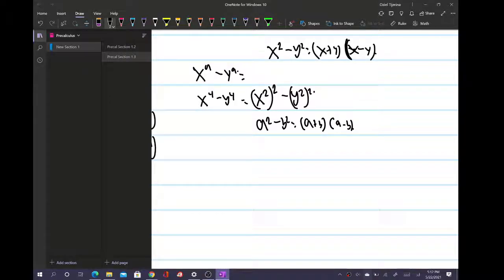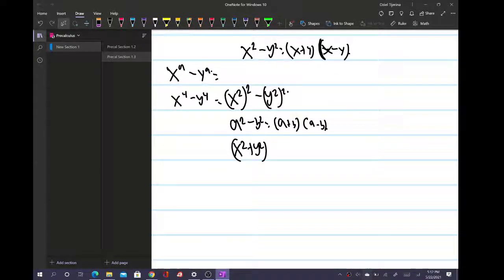So we can say that this is equal to x squared plus y squared, right? Because in reality, a equals x squared and b is y squared. This is equal to x squared plus y squared times x squared minus y squared.